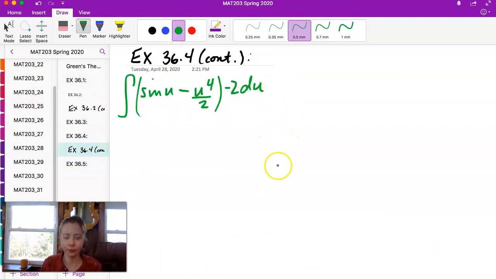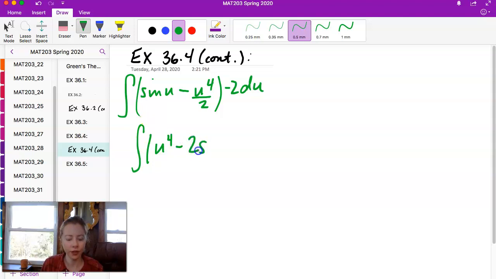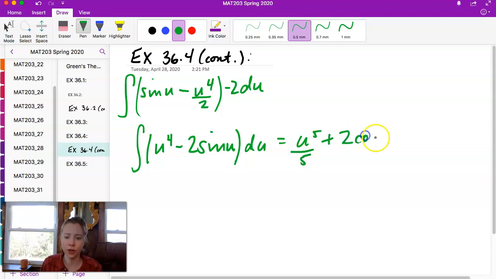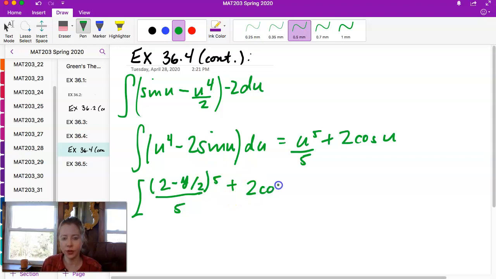Okay, and this is going to give us the integral of u to the fourth minus 2 sine u, just distributing the minus 2, du, which is going to be u to the fifth over 5 plus 2 cosine u, which is going to give us 2 minus y over 2, plugging in for our u, to the fifth over 5, plus 2 cosine of 2 minus y over 2, going from 0 to 4.